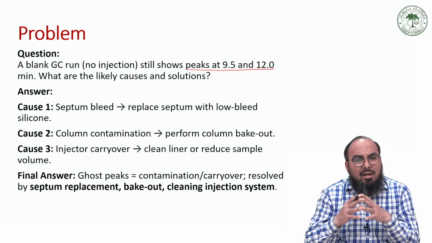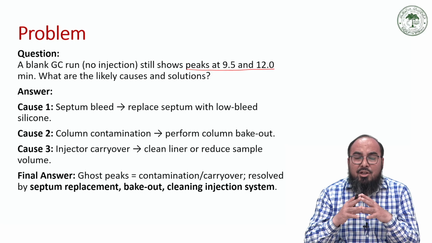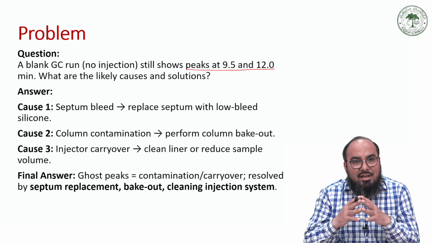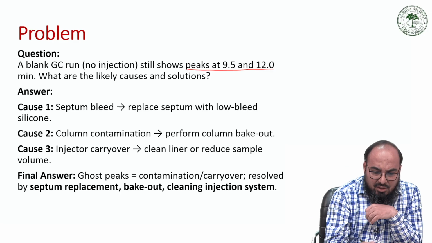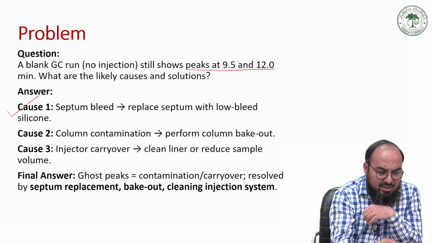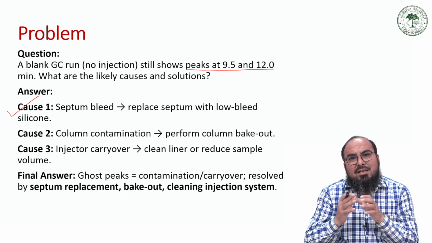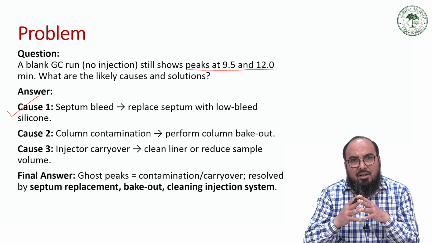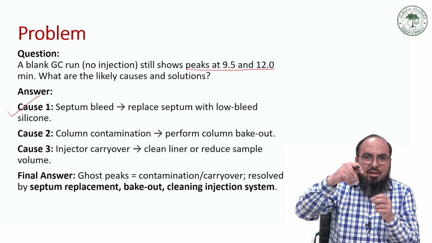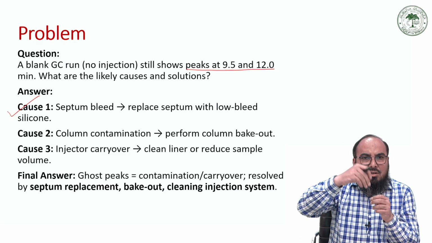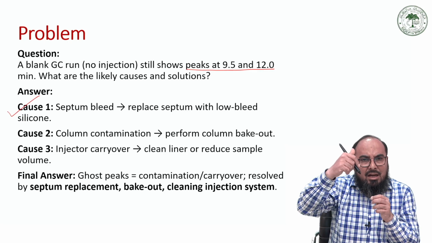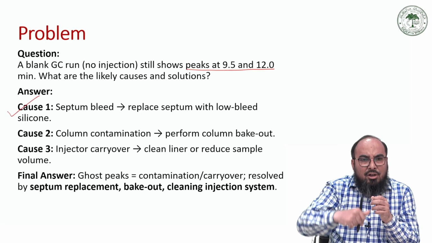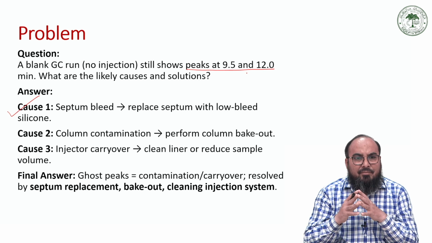So what are the likely causes? You have not introduced your sample yet, without injection, and these two peaks are coming. The first cause may be that your septum has bled. On increased temperature, your septum, along with the carrier gas, has gone into the column and it is showing a peak.